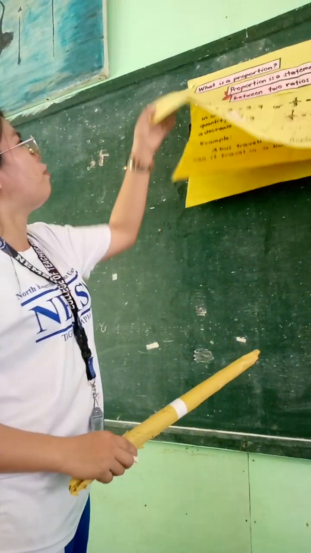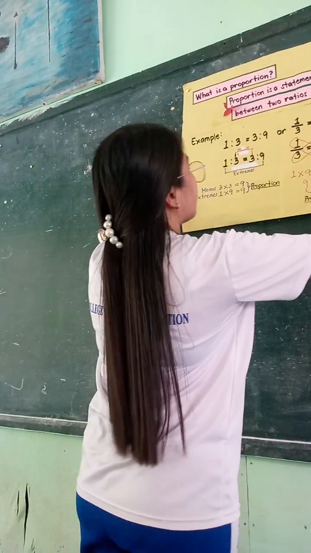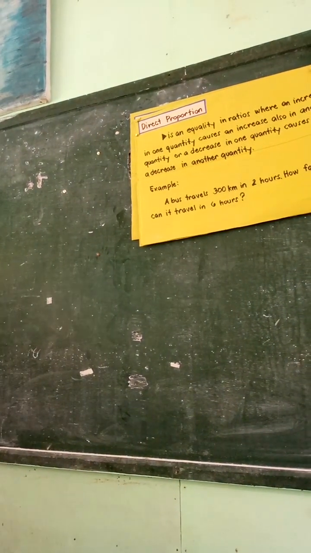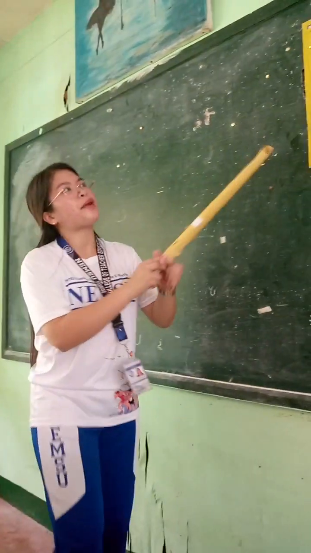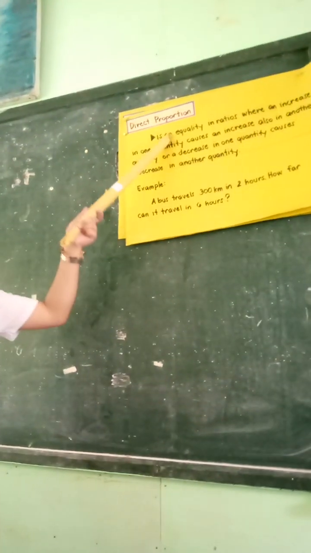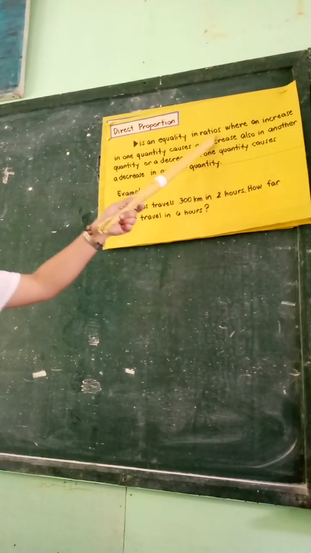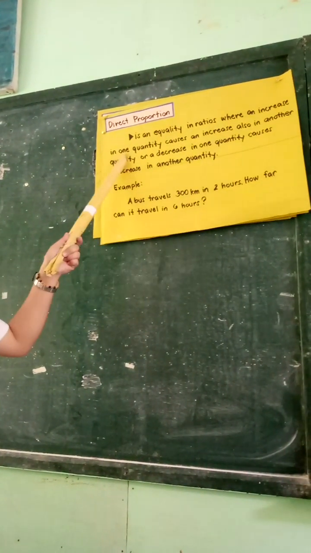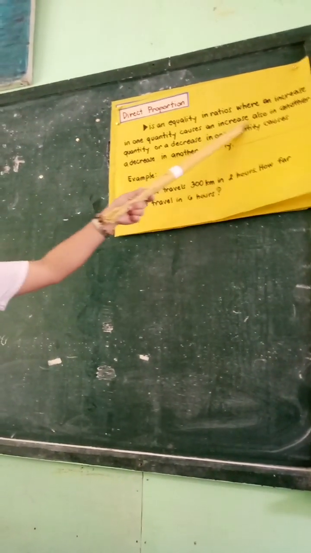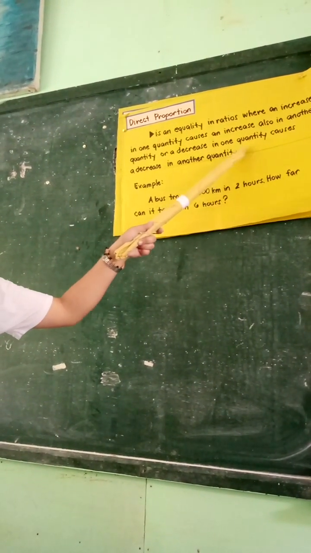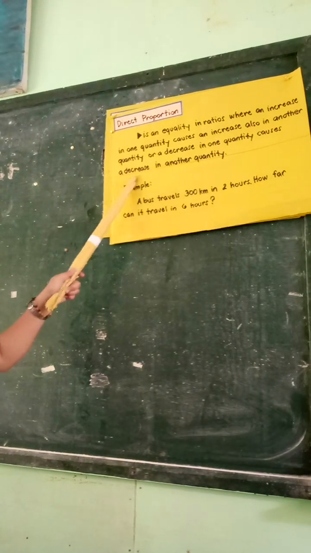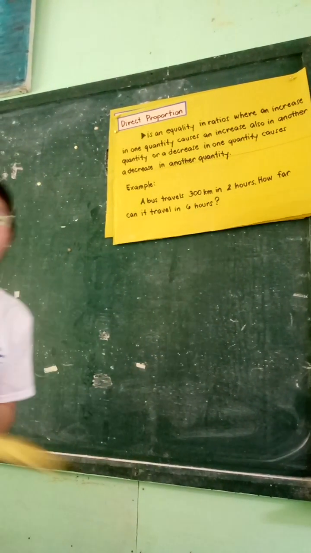Yes, teacher. So sige. Now let's move on to the next topic. Direct proportion. So now what is direct proportion? It is an equality in ratios where an increase in one quantity causes an increase also in another quantity, or a decrease in one quantity causes a decrease in another quantity.